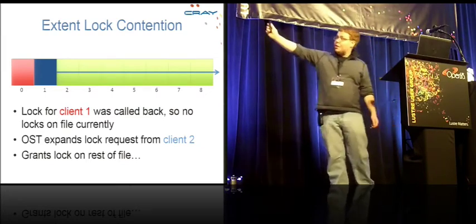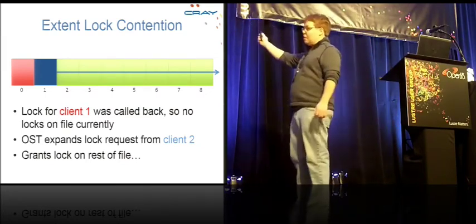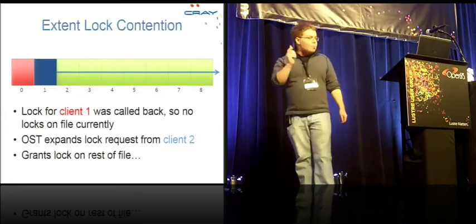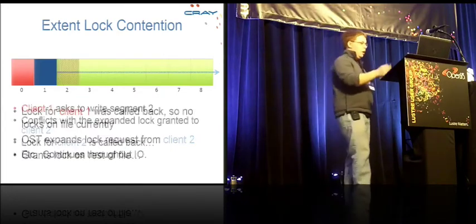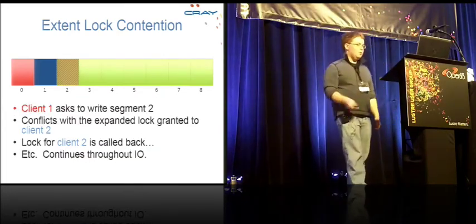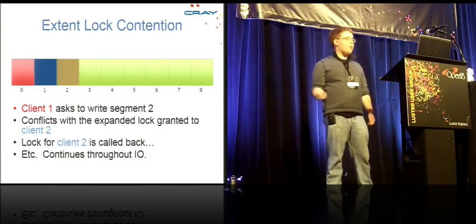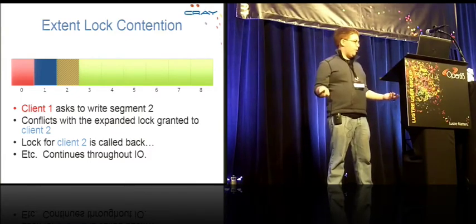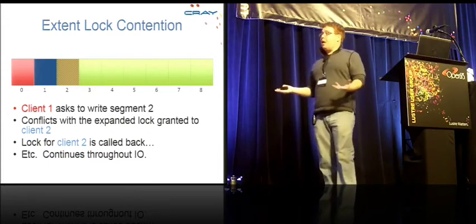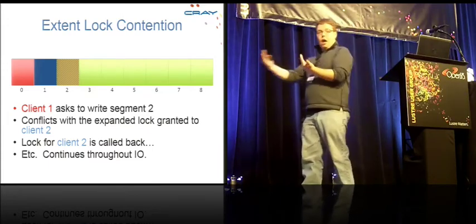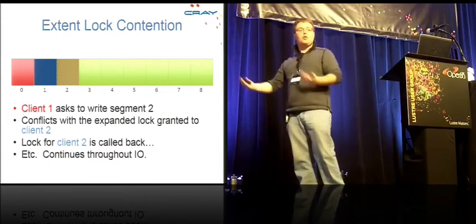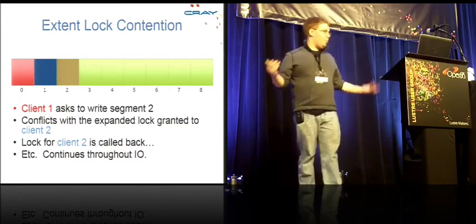The client 2 lock is expanded from the start of segment 1 to the end of the file. You can probably see where this is going. Client 1 comes back, says I want to write segment 2. That conflicts with the expanded lock granted to client 2. The lock is called back. And so essentially what happens is the two clients spend the entire I/O exchanging locks without ever trying to write to the same region of the file.